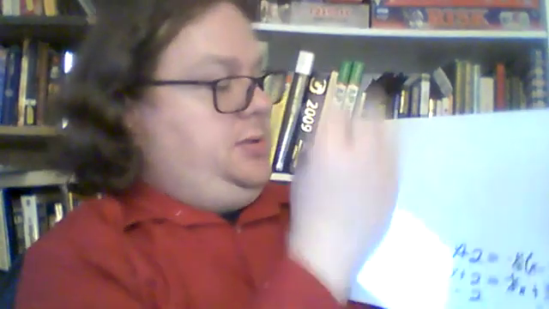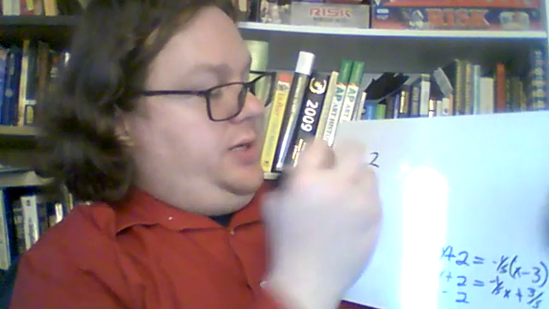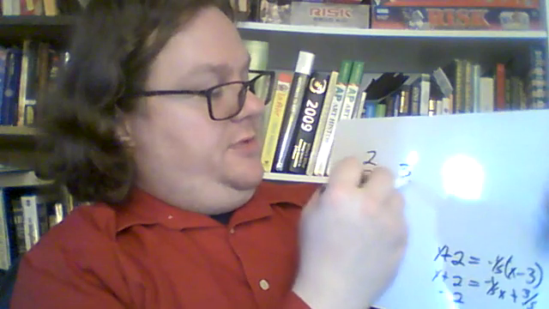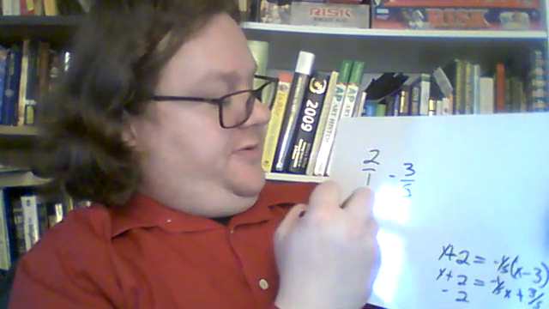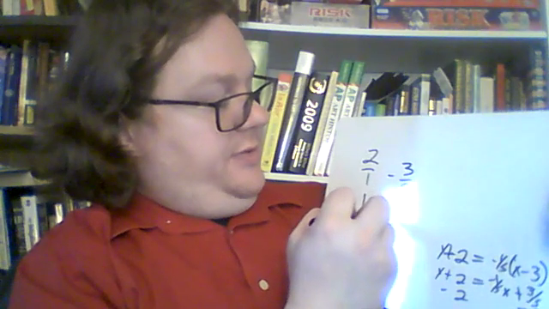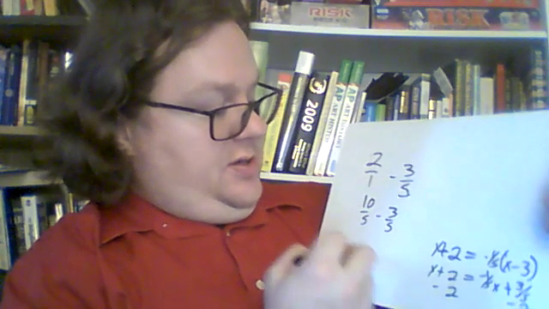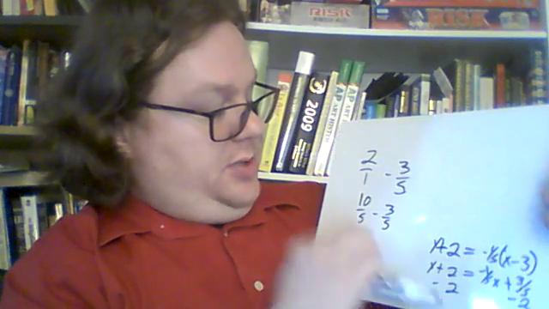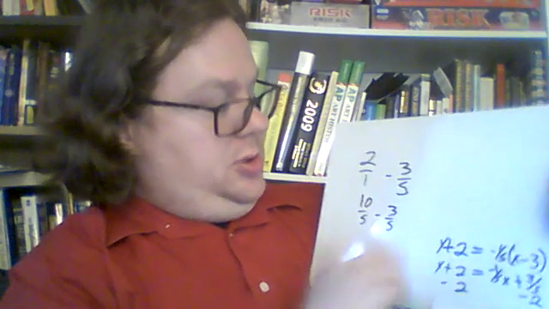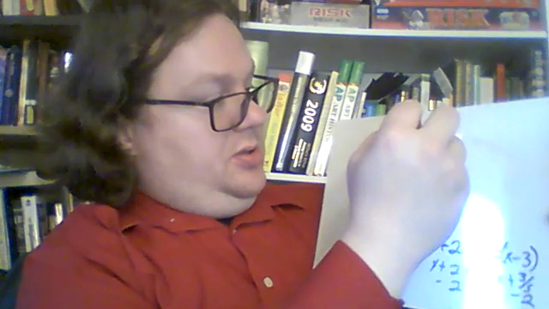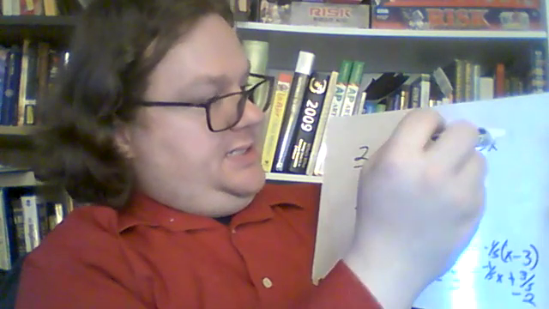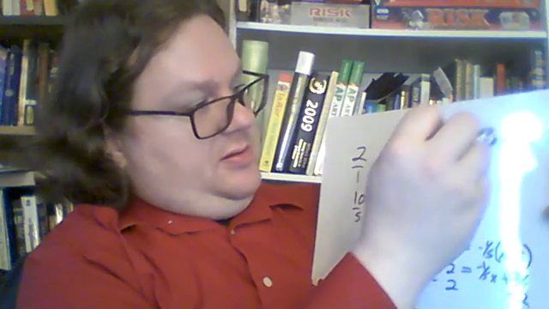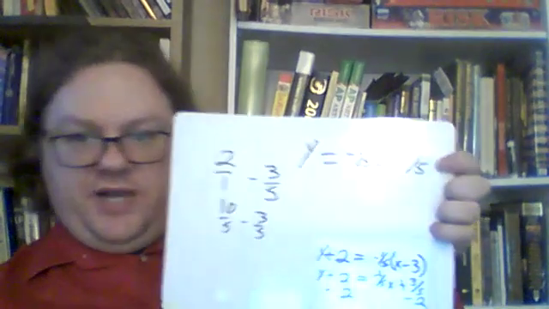We've got to go 2 over 1 minus 3 over 5. Multiply by 5, and I've got 10 over 5 minus 3 over 5 gives me 7/5. So y plus, no. Y equals negative 1/5 x minus 7/5. Because fractions are stupid.